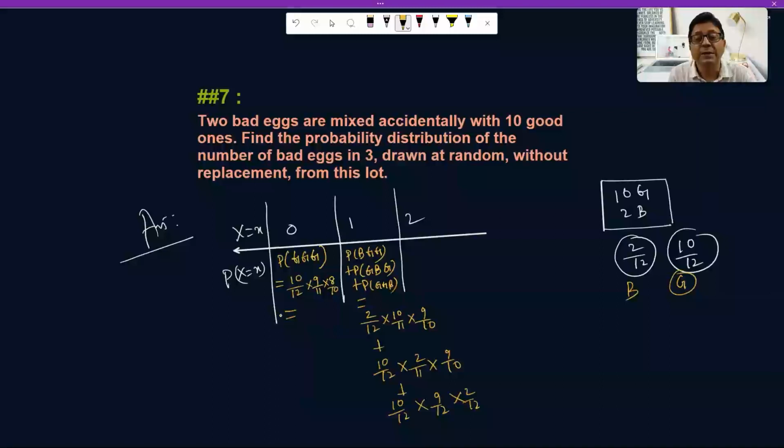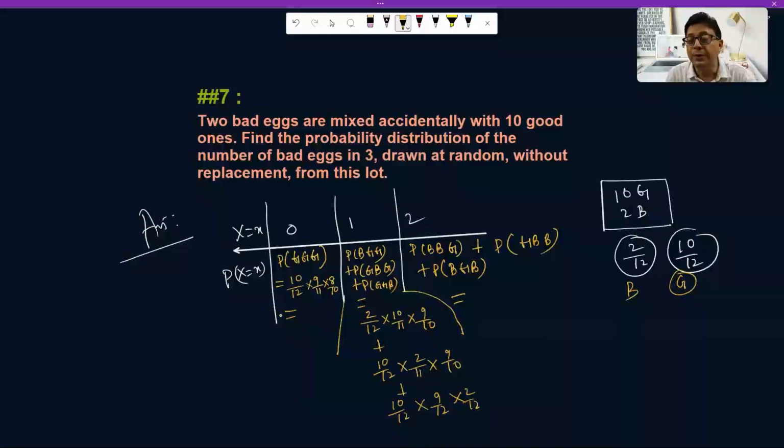Next one. There are 2 bad eggs. I mean, the situation may be like this. Bad, bad, good. Alright? Separate these 2 cases. Maybe good, bad, bad. Another case, maybe bad, good, bad.